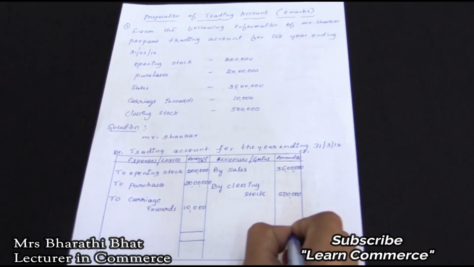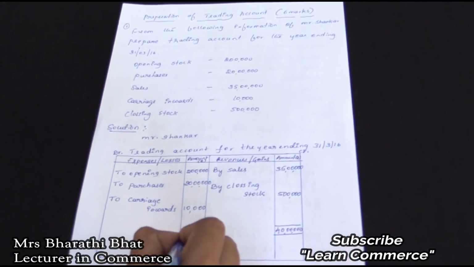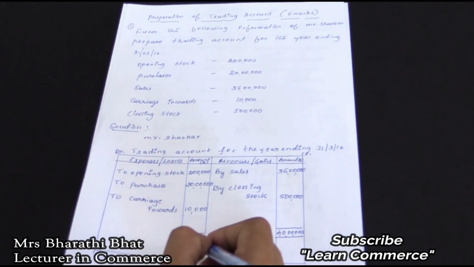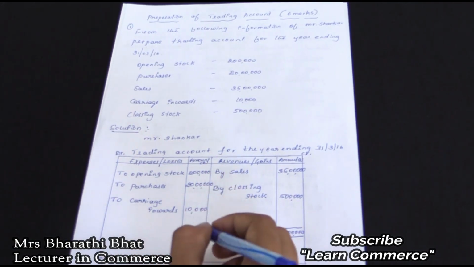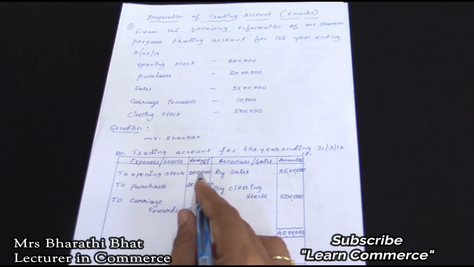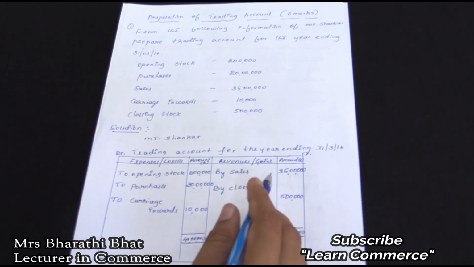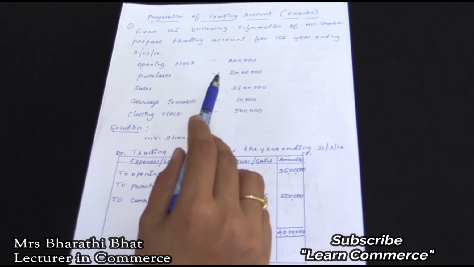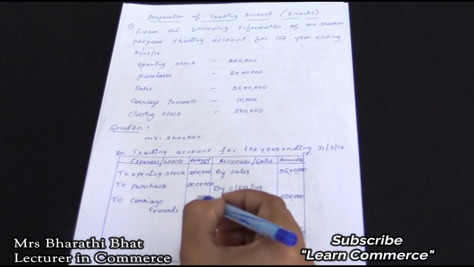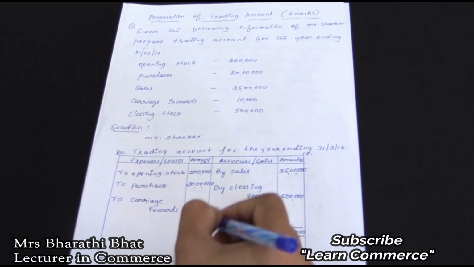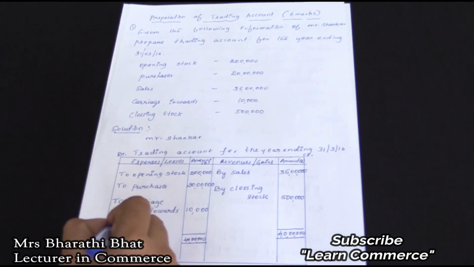So we should write this amount on both sides, 40 lakh and 40 lakh. So from this amount we have to deduct these amounts: 40 lakh minus 10,000 minus 20 lakh minus 2 lakh. So 40 minus these amounts.